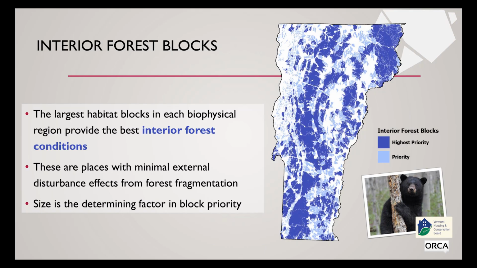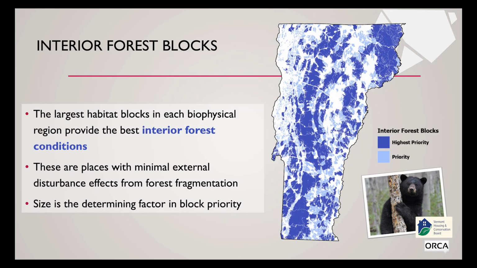That just reflects our different land use and the different sizes of forest that's out there. And we think it's really important that we have this full representation of the state because different species live in different parts of the state. The species you find in the forest in the Champlain Valley are going to be really different than the species you find in the forest high up in the mountains.